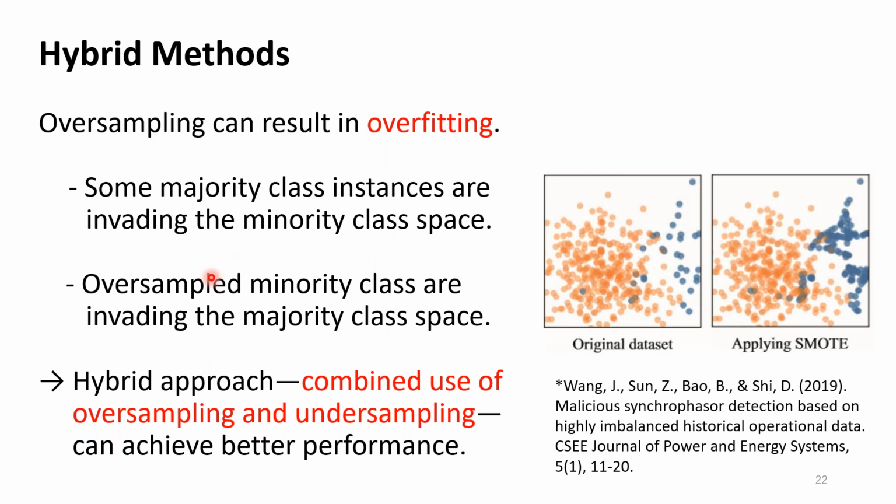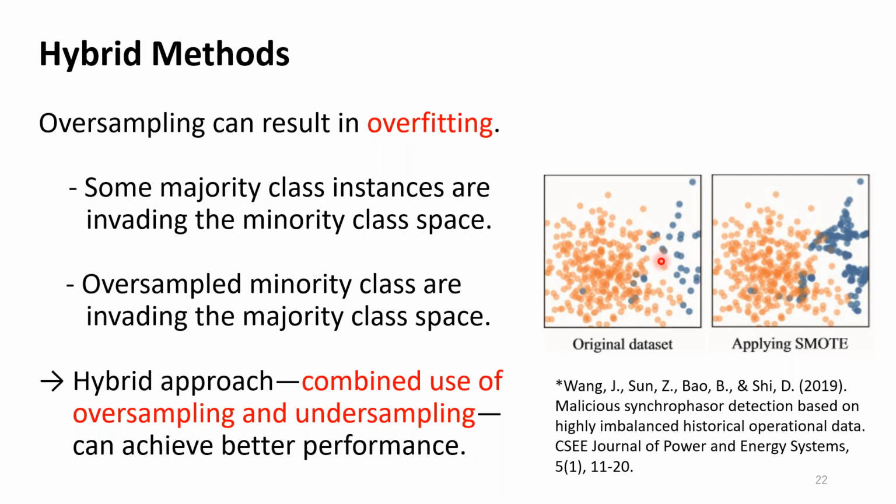Oversampling can be effective, but it can result in overfitting. When some majority class instances are invading the minority class space, or like this, oversampled minority class samples are invading the majority class space, the resulting classifier can fall into overfitting.